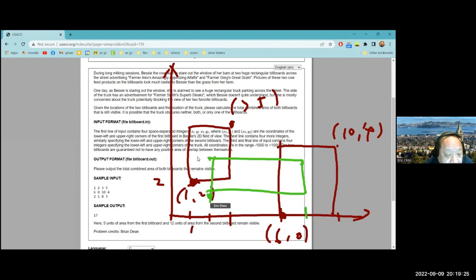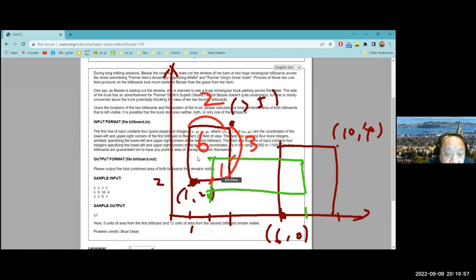So if you want to know the remaining area that's still visible, the total area should be 2 by 3, so 6, minus the overlap. This point should be 2, 2 to 3, 3.